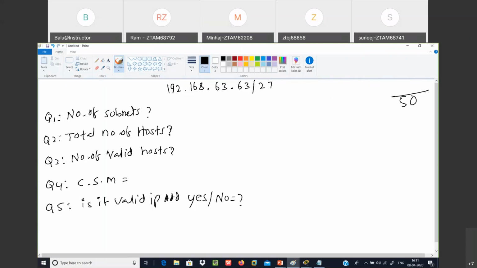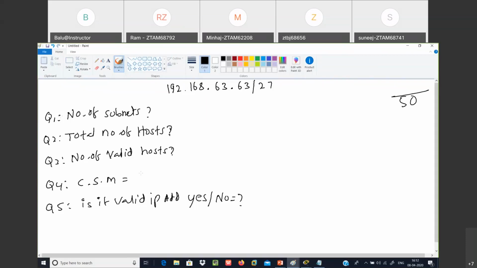Slash 27 is customized. Slash 24 we know, right? Slash 24 is 255.255.255. For 27, we need 3 more bits. 3 more means what? 128, 64, 32. So 128 plus 64 plus 32 is 224.